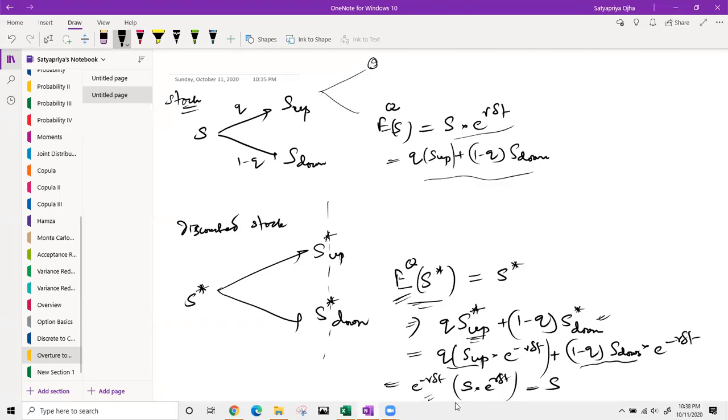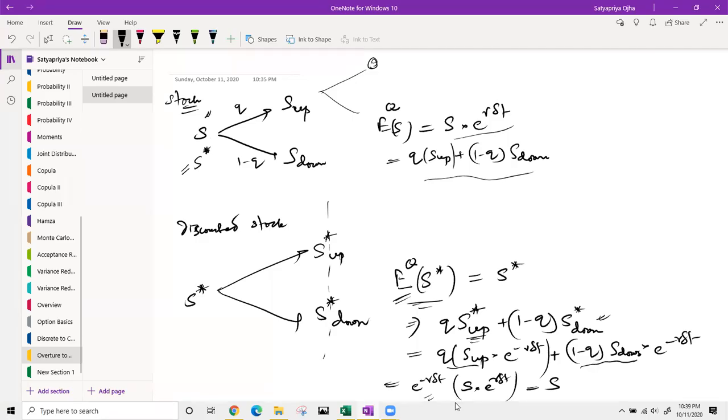And don't be surprised that S is equal to S star. Can you tell me why S is equal to S star? It's a very simple question. S is the stock price. S star is the discounted stock price.